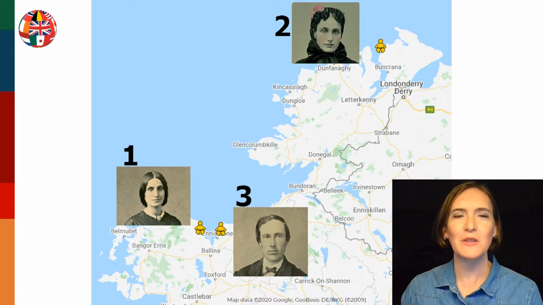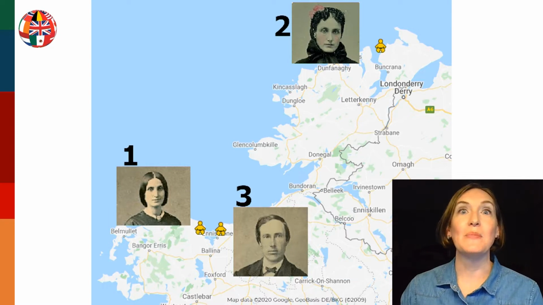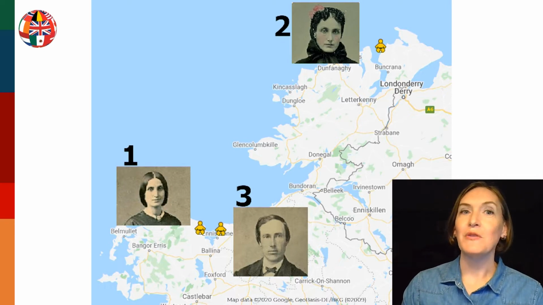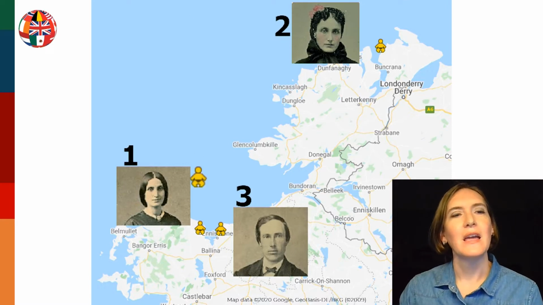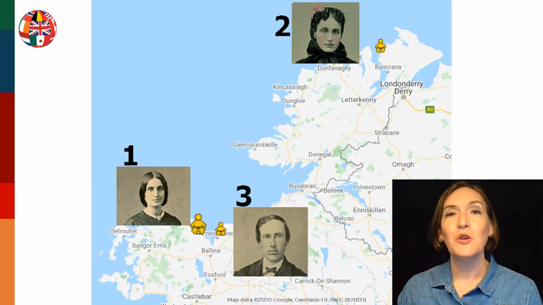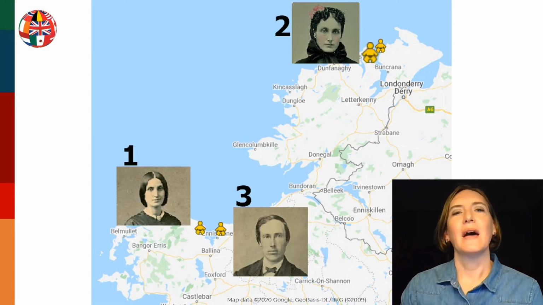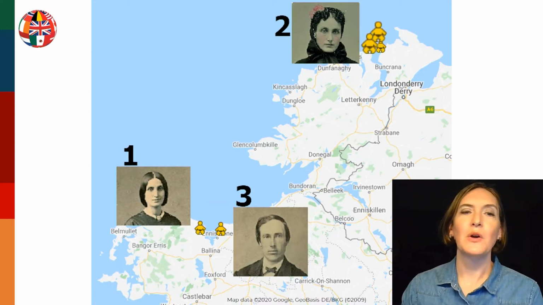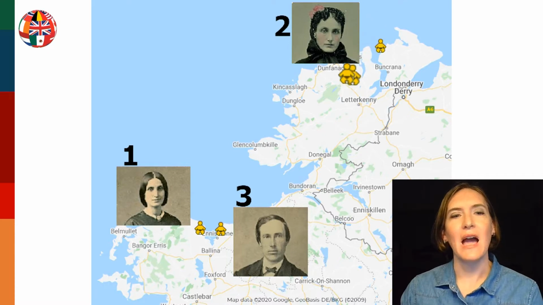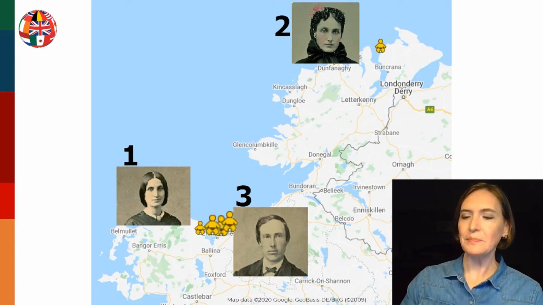And I was very confused about why this family would be bouncing around Ireland having children. That just didn't seem to make sense, especially because if you can see from the numbers, number 1, she was born down along the very sort of Midwest coast. Then the second group of children was born up on the northwest coast, and then they came back down for the third group of children.